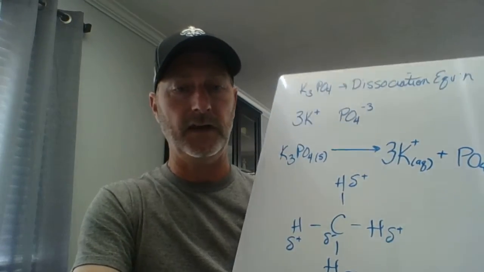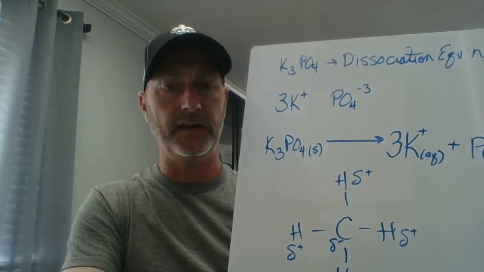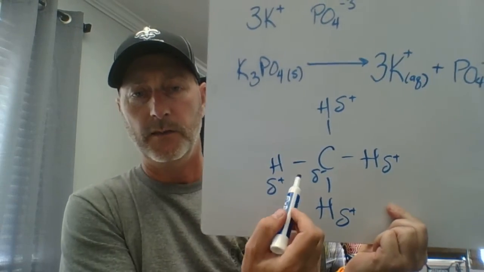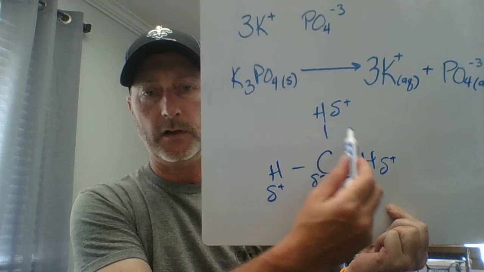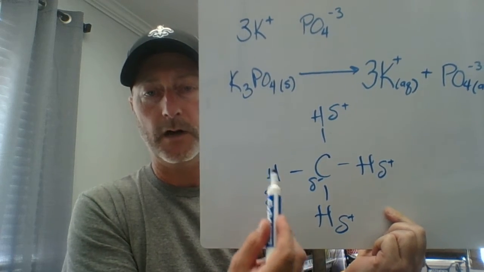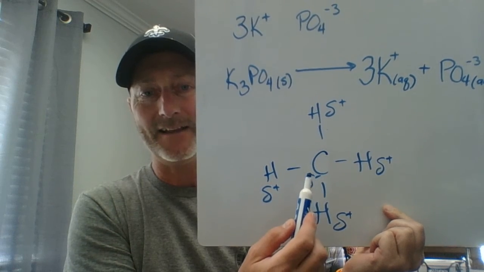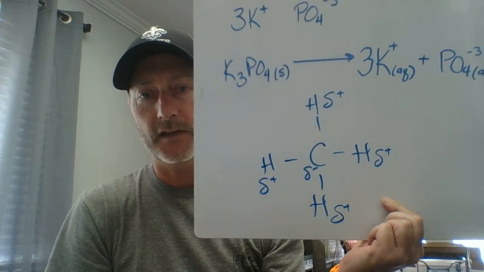Now, even though we've got a slight difference in electronegativity, if we draw methane, which is CH4, remember we talked about this, that even though there are polar bonds, the molecule is nonpolar because there's no way to get at that central part, which is the negative charge.